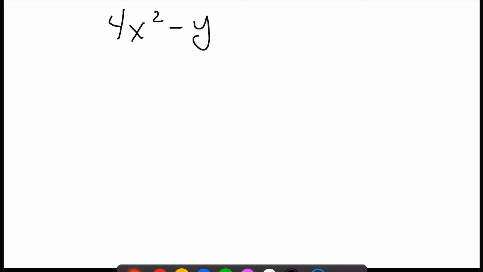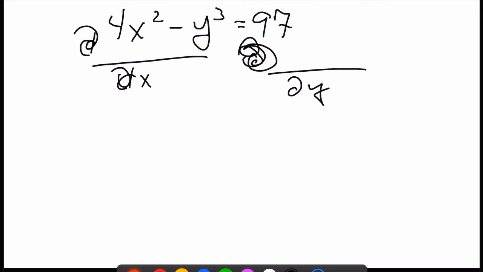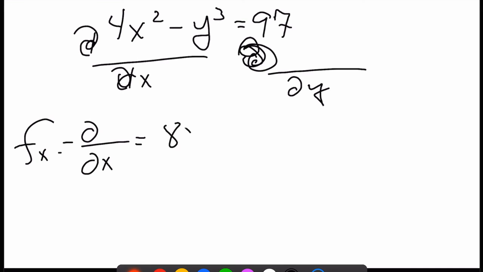4x squared minus y cubed equals 97. Again, we're going to take the partial of this. We could move the 97 or not. I don't care what you do. Partial of that with respect to x, and the partial of that, that's a d looking thing, right? With respect to y, right? So the partial with respect to x, fx, equals 8x.